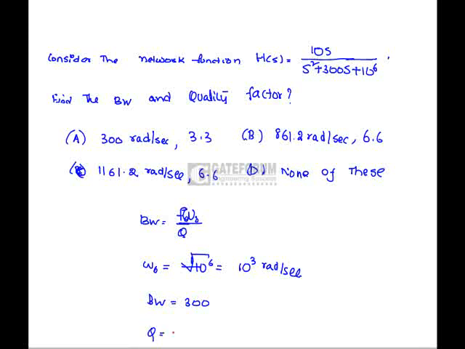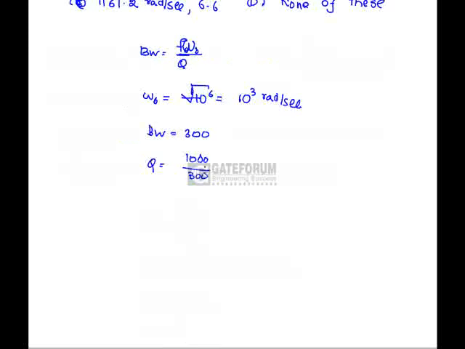So quality factor is 1000 divided by 300, which is 3.3.